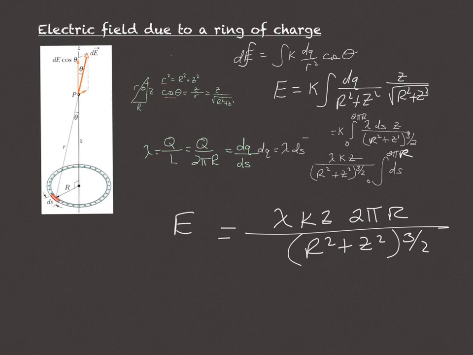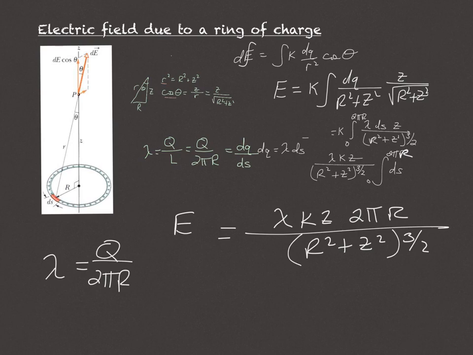And if we don't know the charge density, but we know the total amount of charge, or we want it in terms of the total amount of charge, we remember that lambda is the total amount of charge all over 2 pi r.